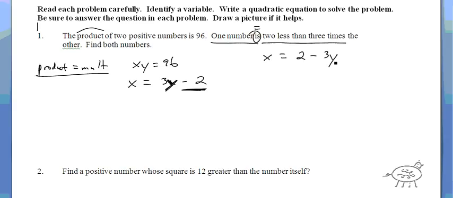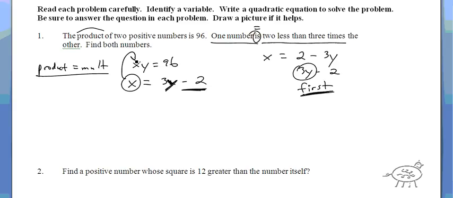You'll get the wrong answer because that's not saying 2 less than 3y, it's saying 3y less than 2. Completely wrong. So if you always put the variable first, you will be more successful.